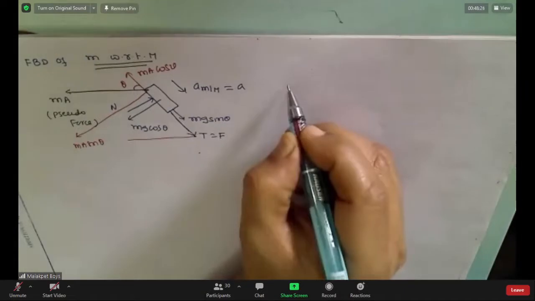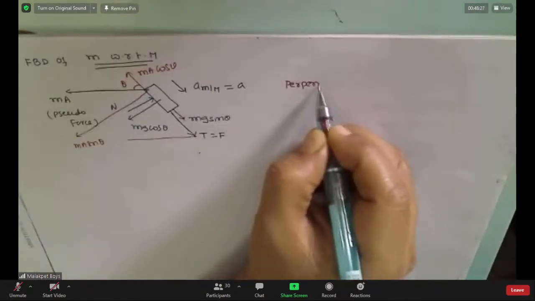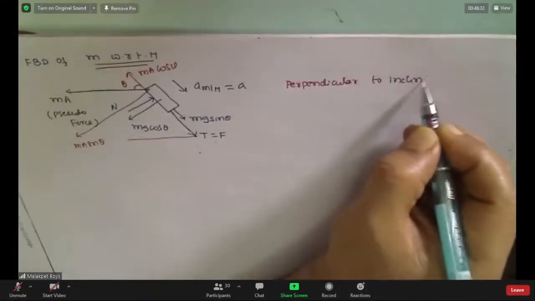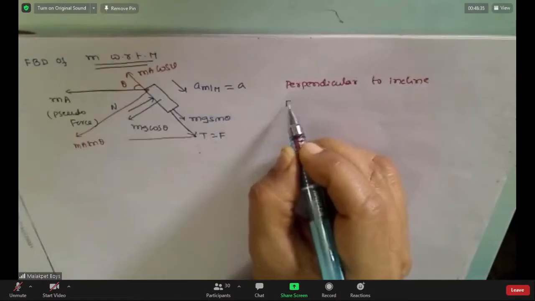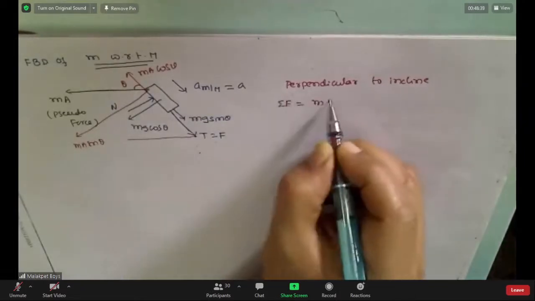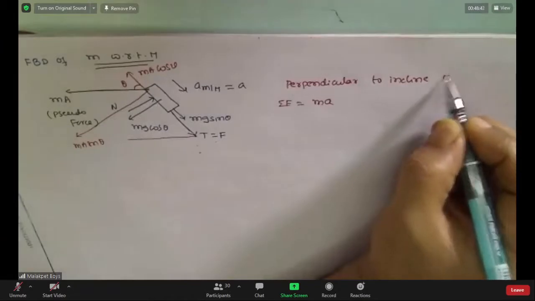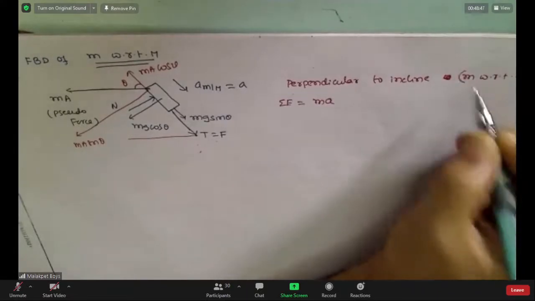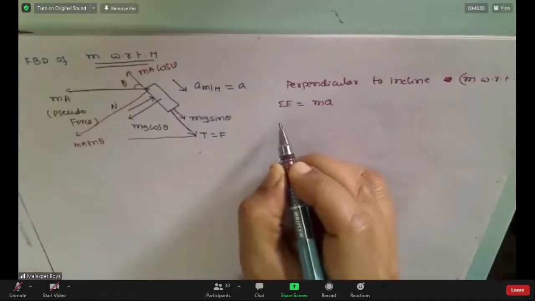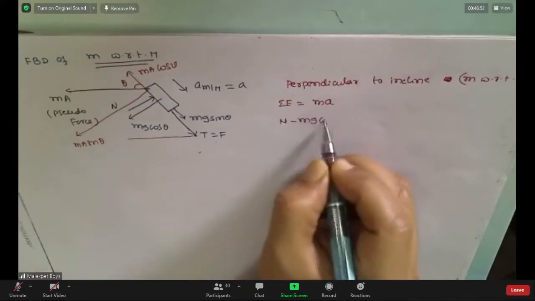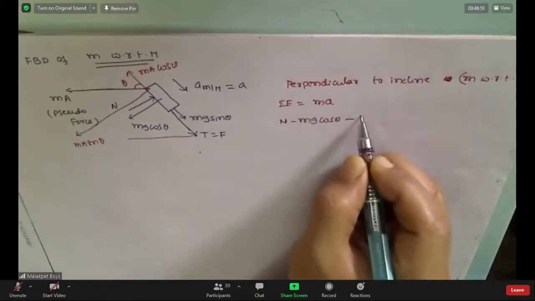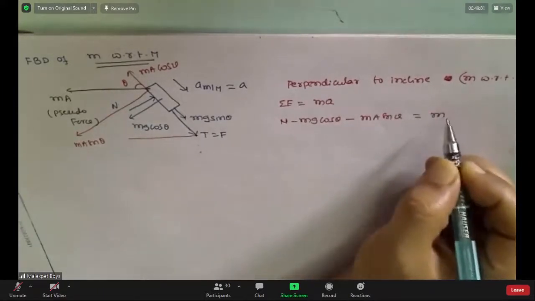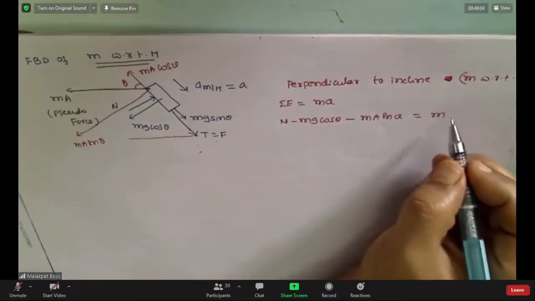Now along this perpendicular to the incline, we can write, what are the forces? What is the acceleration perpendicular to the inclination? Zero, no?